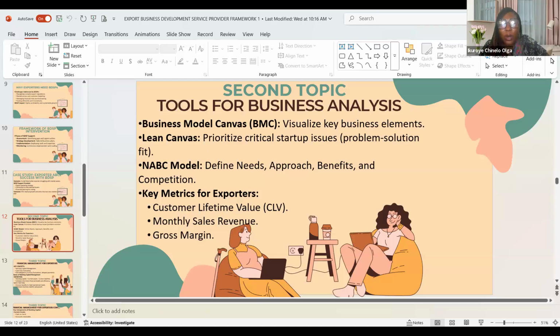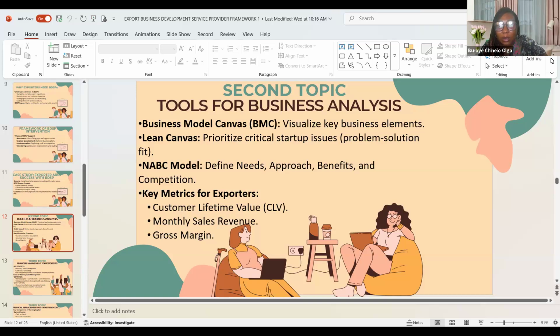Then your lean canvas also prioritizes critical startup issues: what the problem is, what the solution is. Then we also have the NABC model, where you need to define the needs, the approach, the benefits, and the competition. So these are new tools that people are using for their businesses. Then the key metrics for exporters: your customer lifetime value, monthly sales revenue, gross margin.